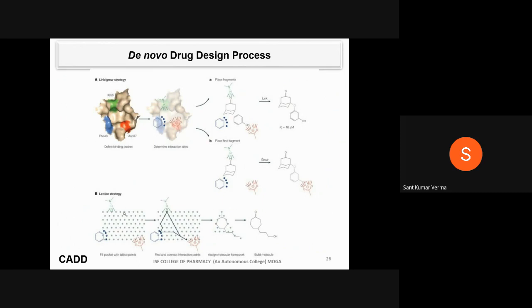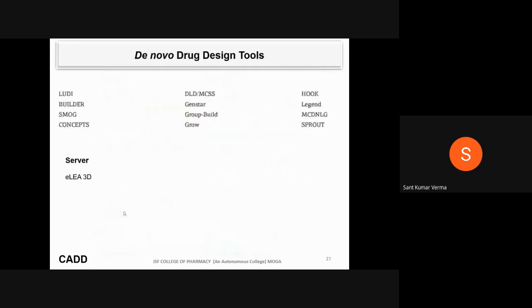In the grow strategy, we design a fragment, and on this fragment we can grow other fragments. This is the growing strategy. The third strategy is the lattice strategy. In this strategy, we first identify the lattice points within the binding pocket, connect these lattice points, assign a molecular framework on them, and build a molecule.